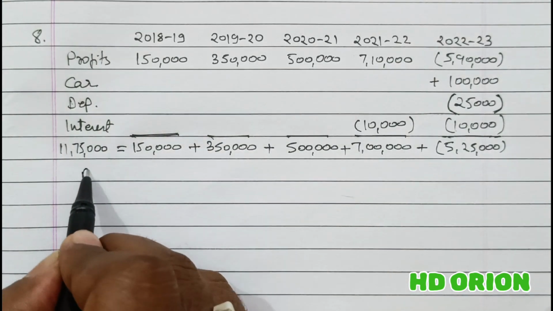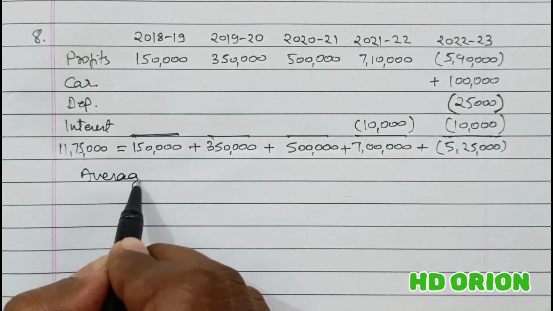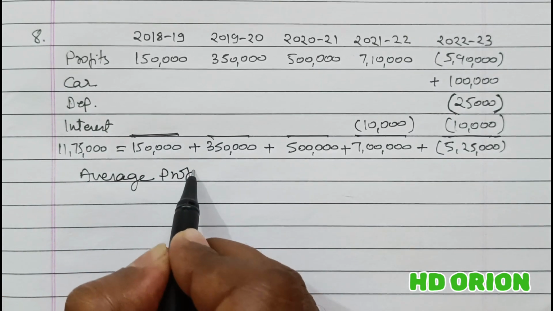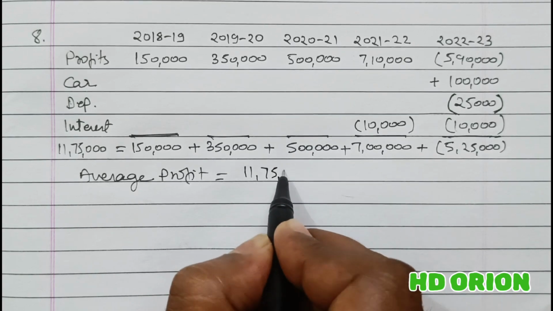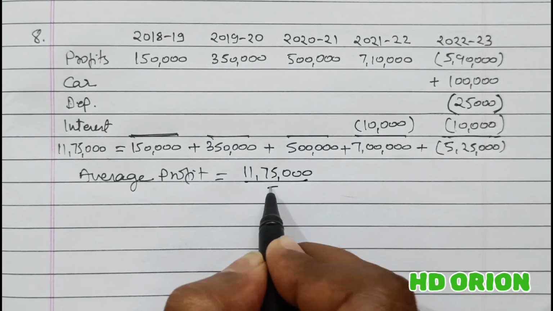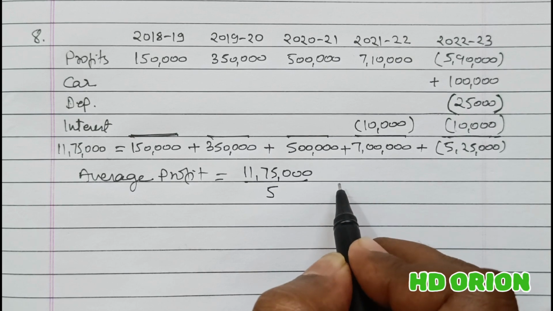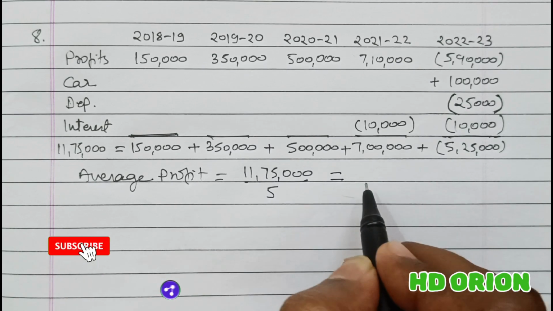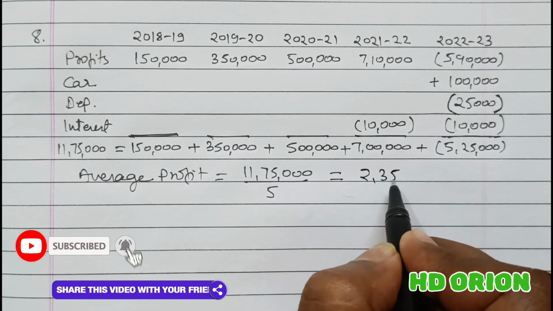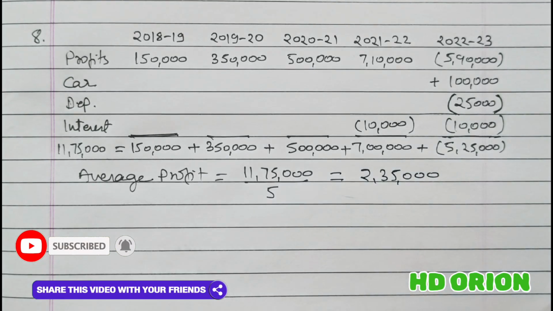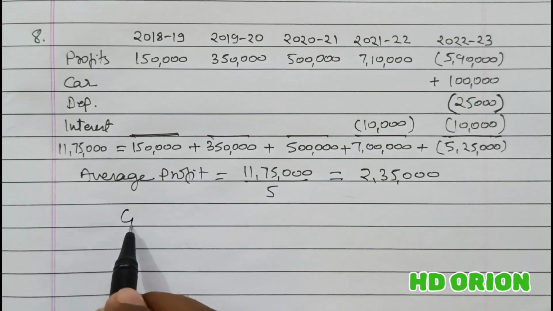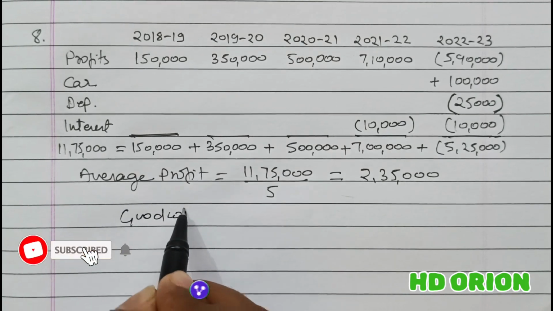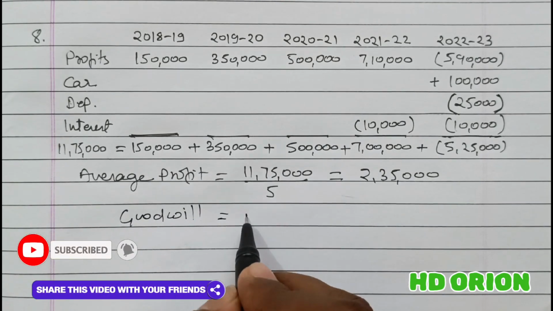Okay, now average profit. Normal average profit, actually it is 11,75,000 divided by 5. It is 2,35,000. This is the normal average profit of the business. Based on this, goodwill is to be calculated as suggested in the question.